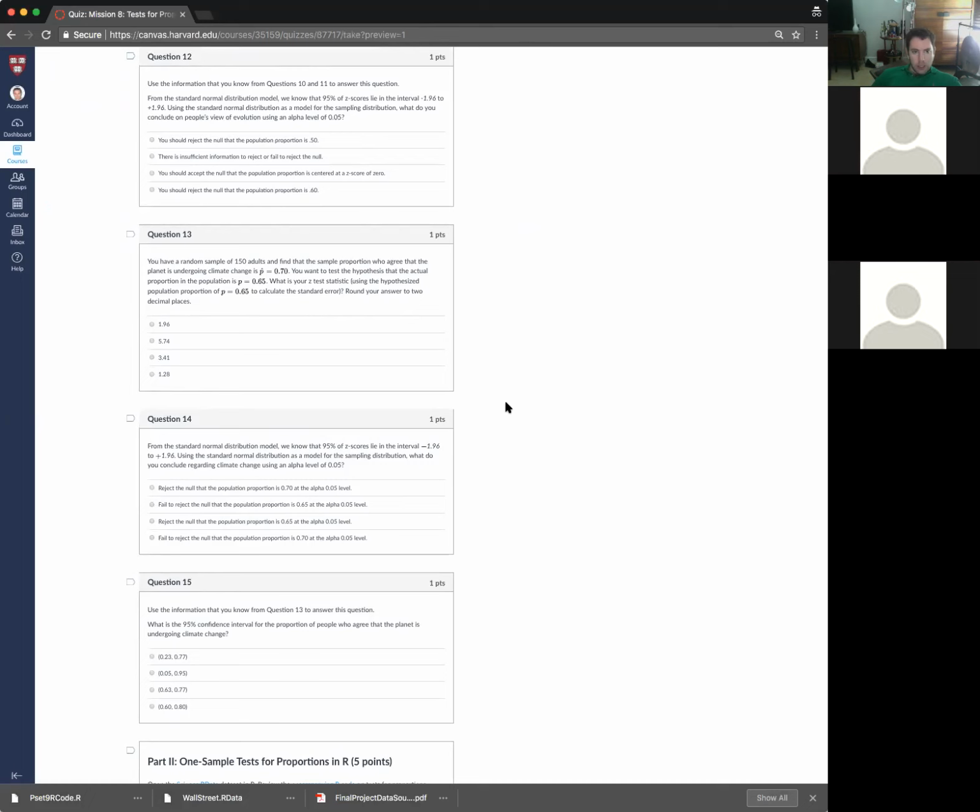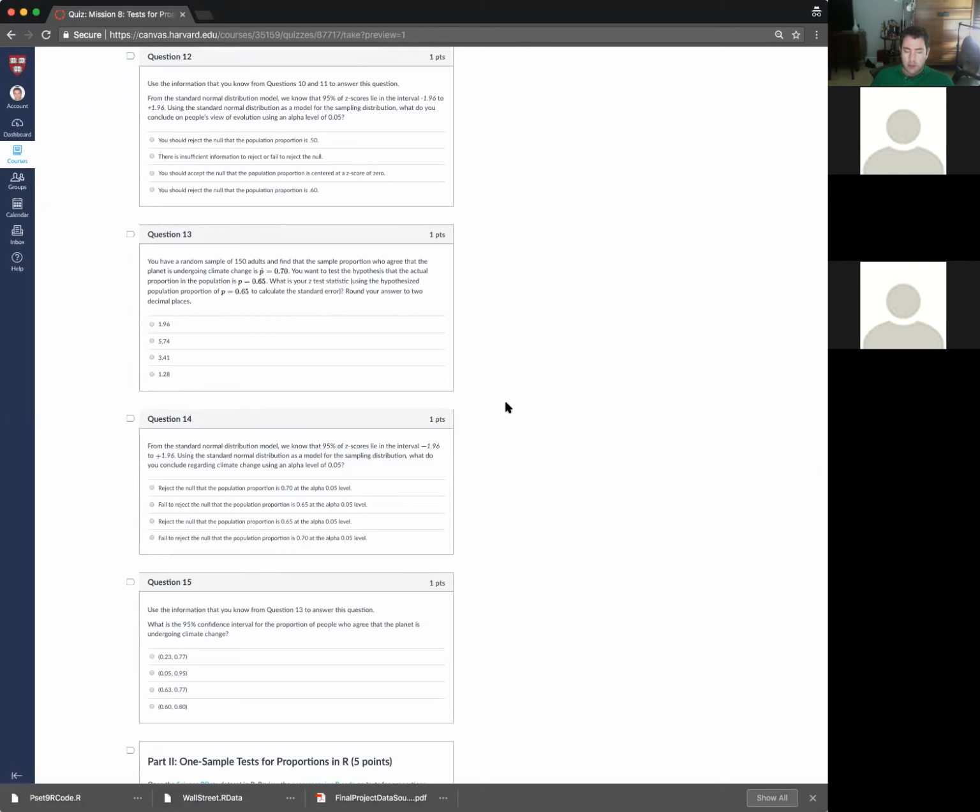When we spoke about hypothesis tests, we look at the test statistic and we look at the critical value, and we compare the two. If the test statistic is more extreme than the critical value, we reject the null hypothesis. If it is less extreme, so if it falls between the two critical values, we do not reject the null hypothesis.